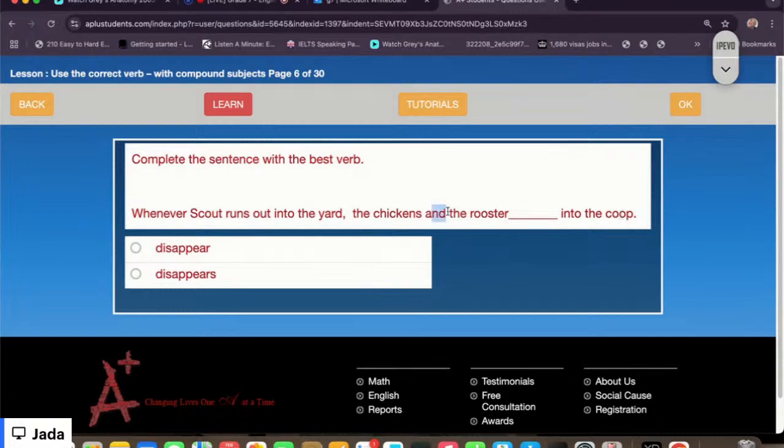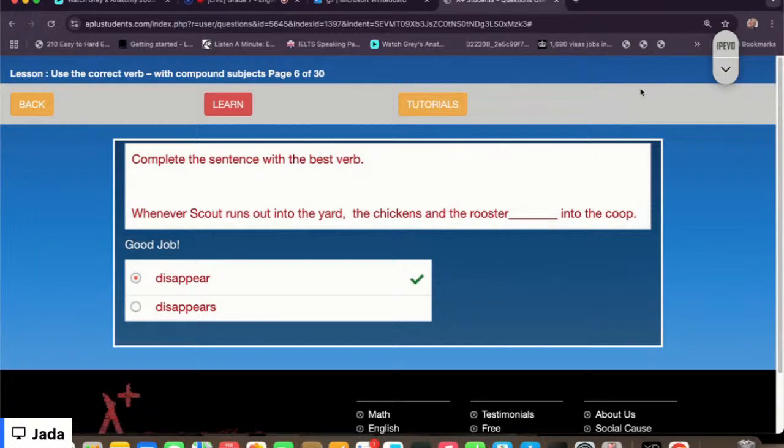So we have and, and we know that that is plural, so it will be the plural verb.